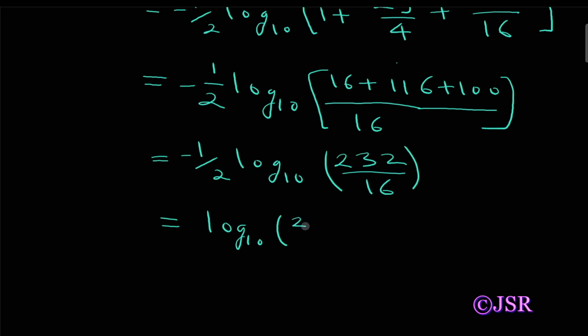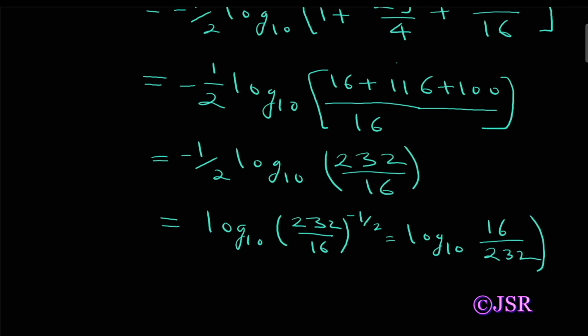So 232 by 16 to the power minus half is 1 upon 232 by 16 to the power half. So we can write this as log 10 of 16 upon 232 to the power 1 by 2.